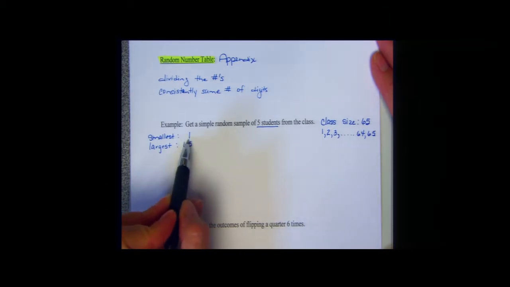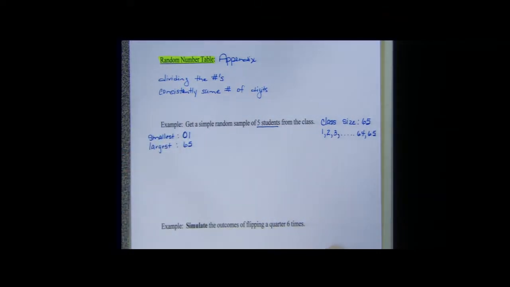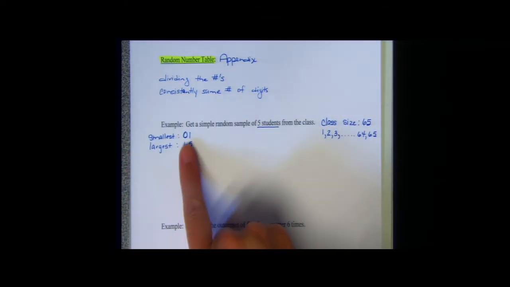And here's what I'm saying. 1 is a single digit, 65 is double digits. You cannot divide your random number table up into single digits and then all of a sudden start doing it in 2 digits. So we have to look at the number 1 as 01. So now it appears as a 2-digit number, but we have not changed its value.